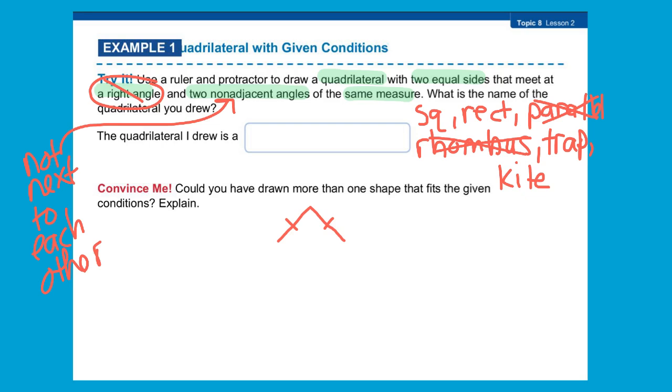So I've taken care of the right angle, two equal sides. And then two non-adjacent angles, they are not next to each other, but have the same measure. So I feel like we could just go like this.